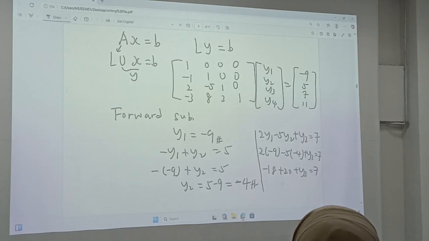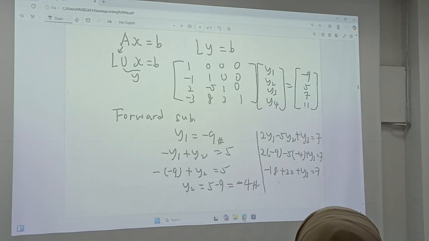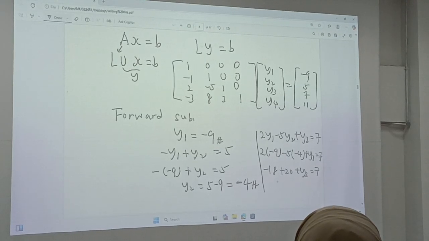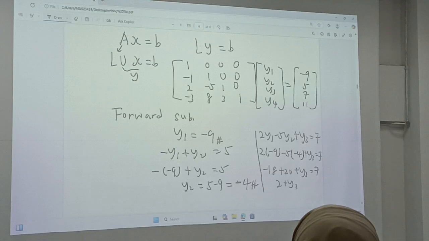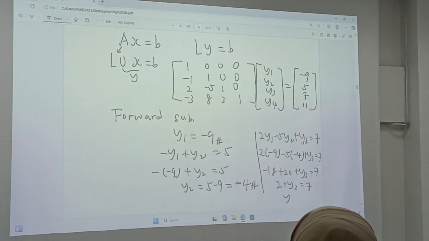So minus and plus together equal to 2. So y3 equal to 5.